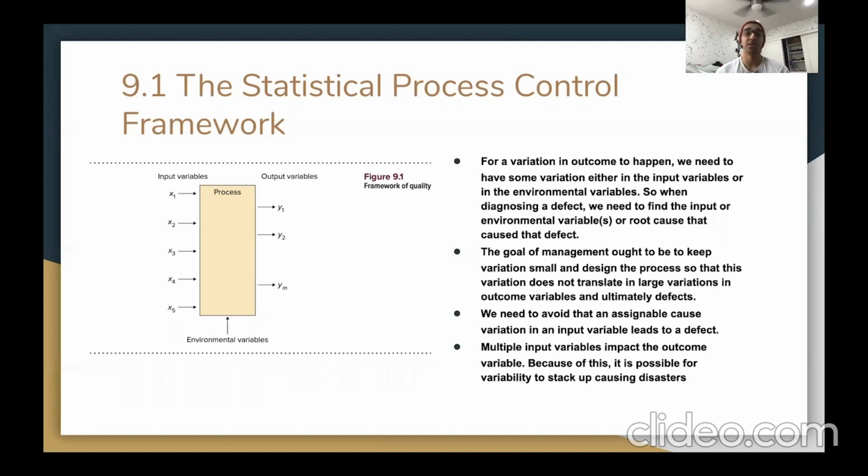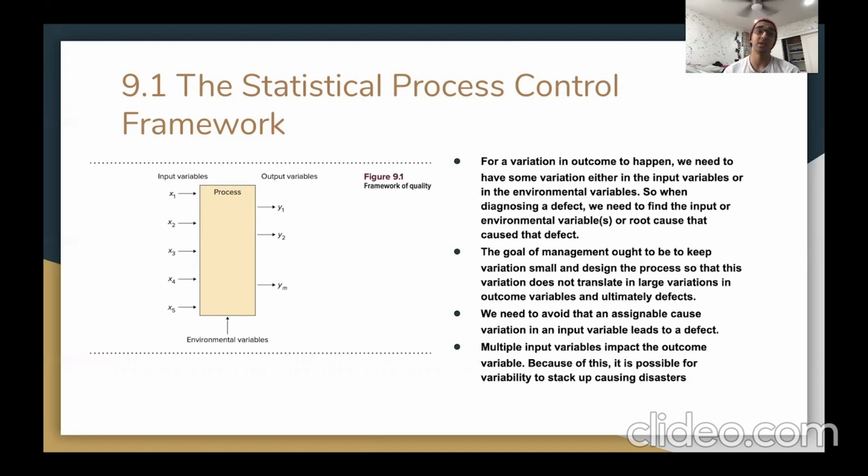The goal of management is to keep variation small and design the process so that variation does not completely change the output and cause a large variation in output. They also need to avoid assignable causes, which are changes that aren't random, and make sure that those variations, if they do occur, lead to little to no defects. Multiple input variables impact the outcome variable, so the amount of variability stacks up and causes more defects or disasters.